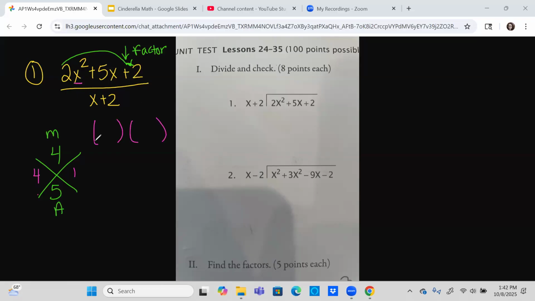So we're going to break that into factors. See this x squared? 1x for me, 1x for you. Take your magic numbers, which were a positive 4 and a positive 1. But if you FOILed that back, you wouldn't get the original polynomial on the top because of that 2.